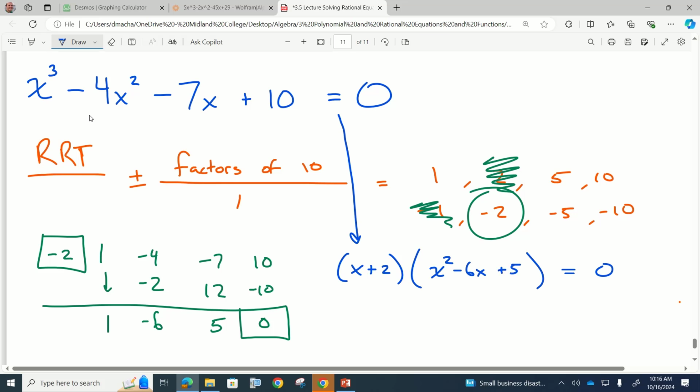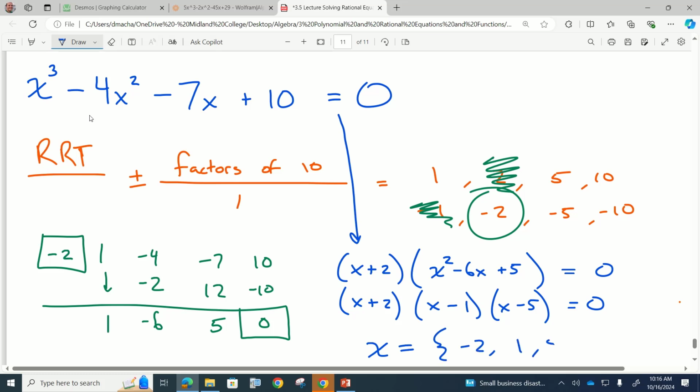Very good. That's x minus 5, x minus 1. Okay, so I've got 3 solutions. Negative 2, 1, and 5.